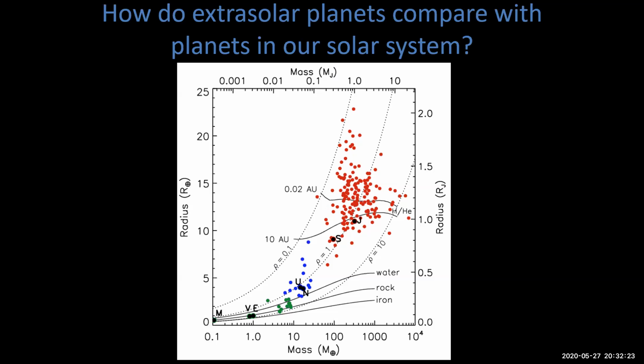So on this table, lots of things are plotted. We have Earth mass on the bottom, Jupiter mass on the top, Earth radius on the left, Jupiter radius on the right, depending on how you want to measure those sorts of things, if you want to do Jupiter or Earth.